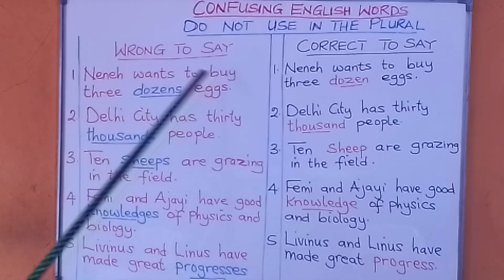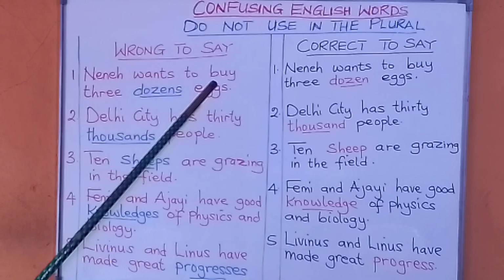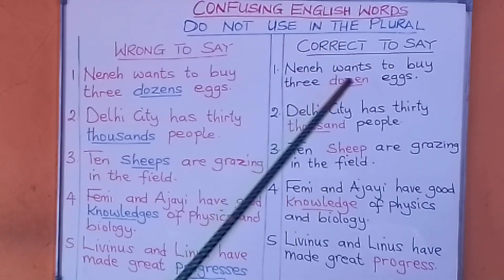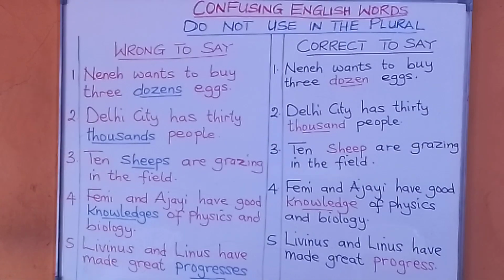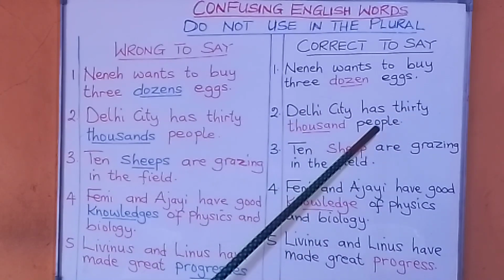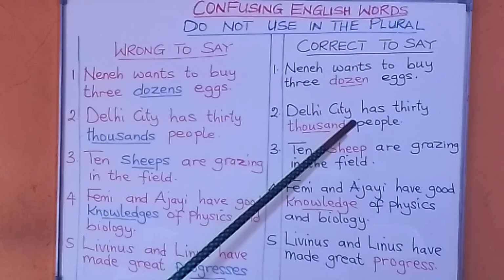Say, Nene wants to buy 3 dozen eggs. Number 2, wrong to say, Delhi City has 30,000 peoples. Say, Delhi City has 30,000 people.